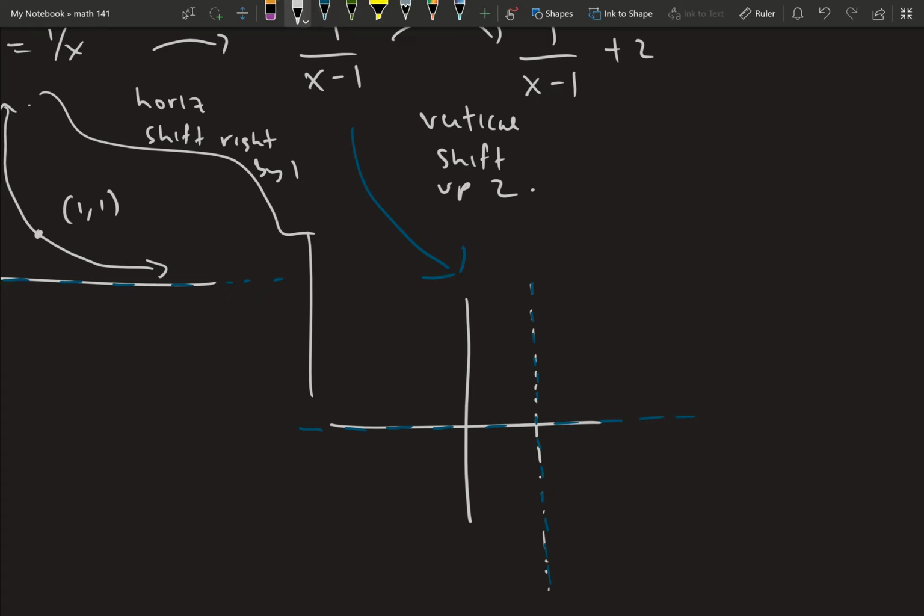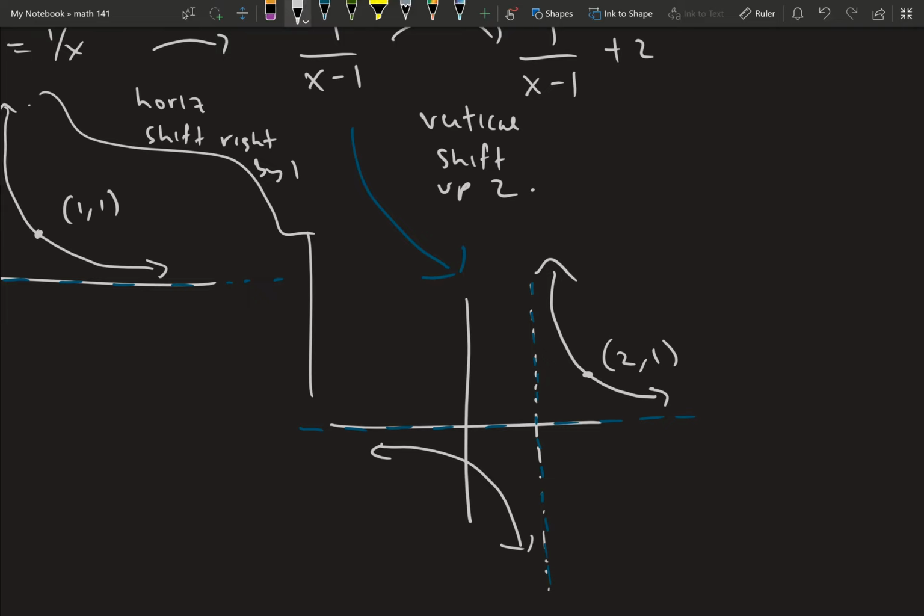And now you draw the graphs like so. And let's label at least one point here. This point will shift to the right, which means this becomes 2, 1. Okay, that original point 1, 1 became 2, 1.